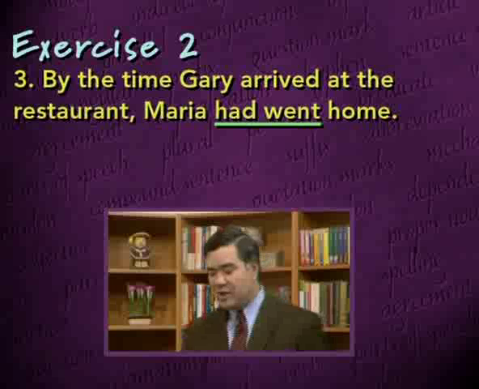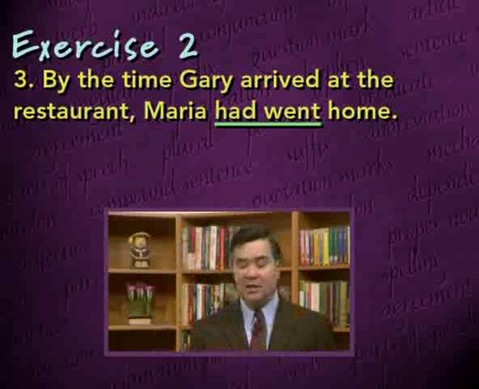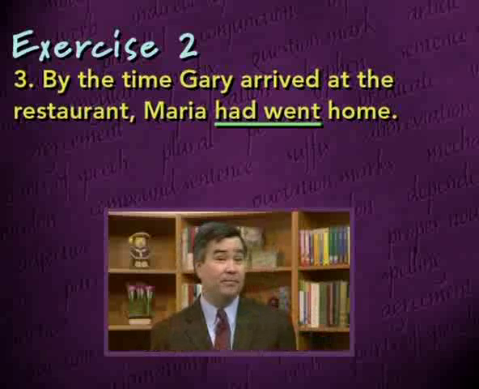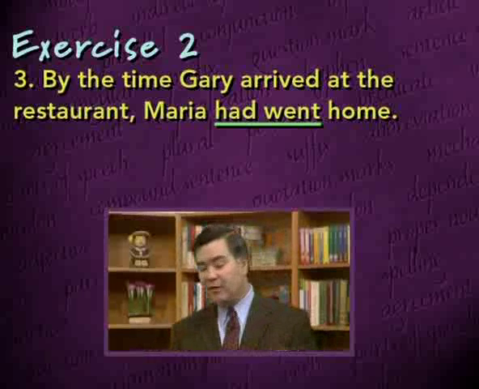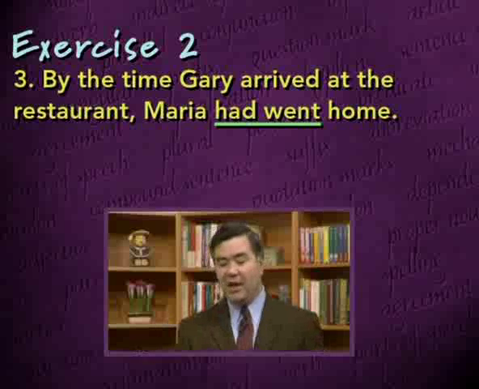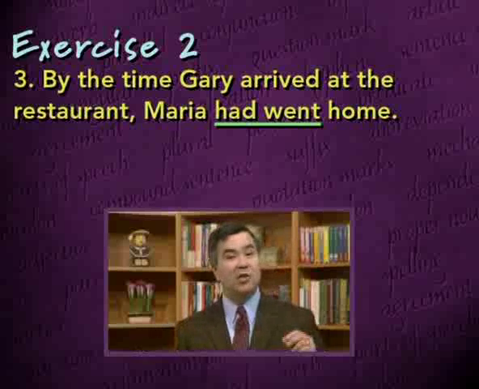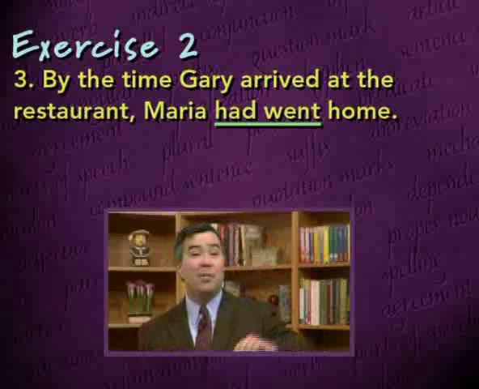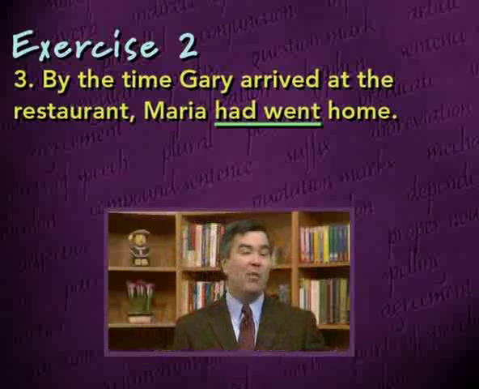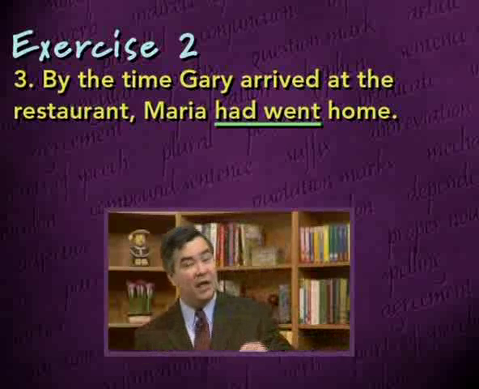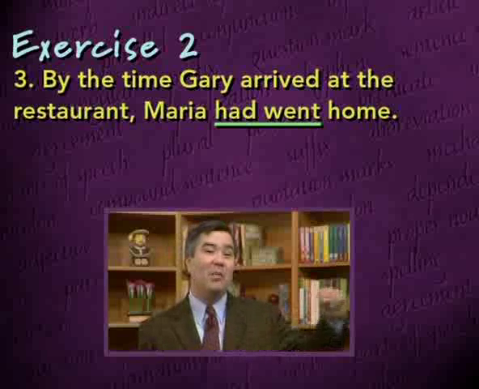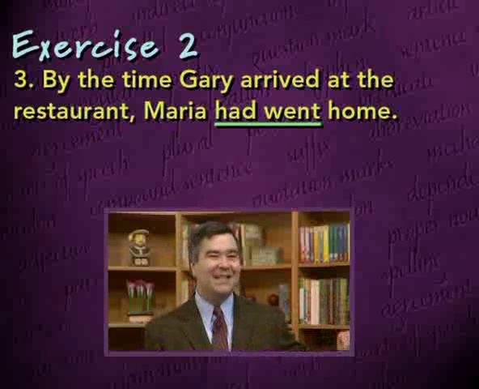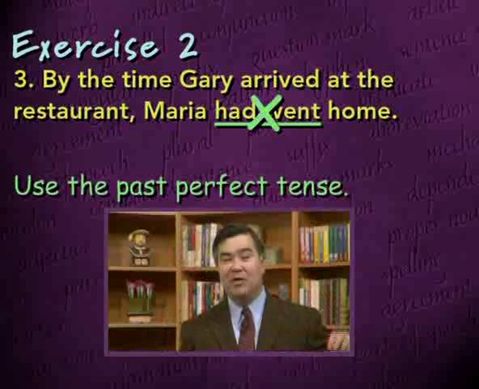Next, by the time Gary arrived at the restaurant, Maria had went home. Here again we have two events happening in the sentence. The first event that's mentioned is Gary arriving at the restaurant, and that's described in the past tense. Before that was the time when Maria went home. Therefore, we want to describe this past event which occurred before a past tense event using the past perfect tense.